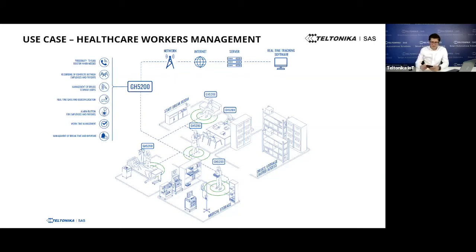So it could be used not only as these alert buttons, but as well, on the back side, you have the ID card. So it simply fits healthcare workers as well as security workers or any other employee who works in the office, right? In this particular use case, we can also add the Bluetooth sensors.